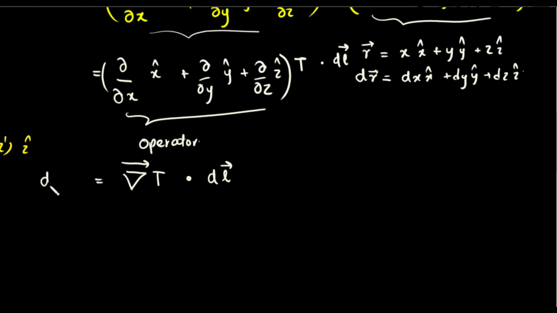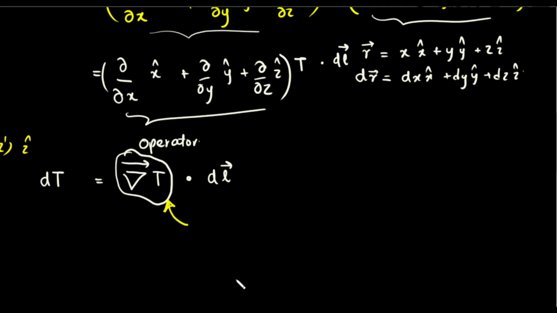So when we have this dT, because the infinitesimal change of a scalar is going to be a scalar.